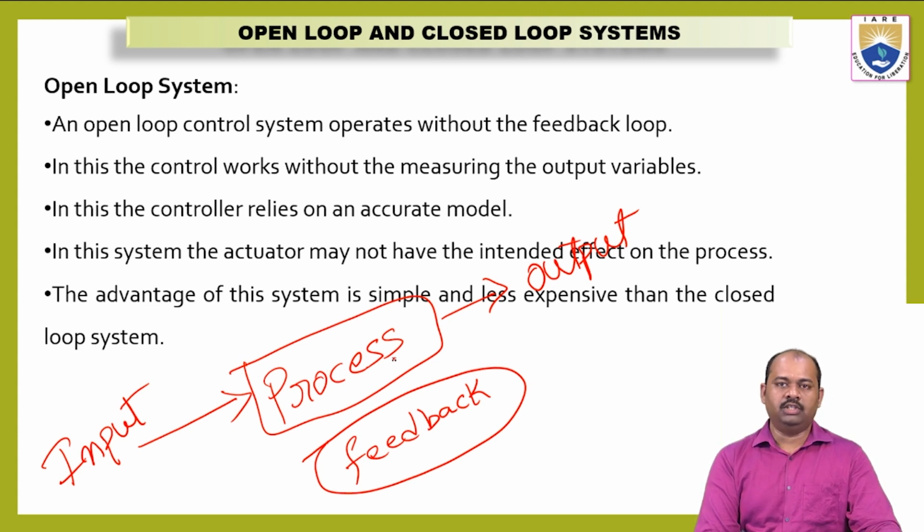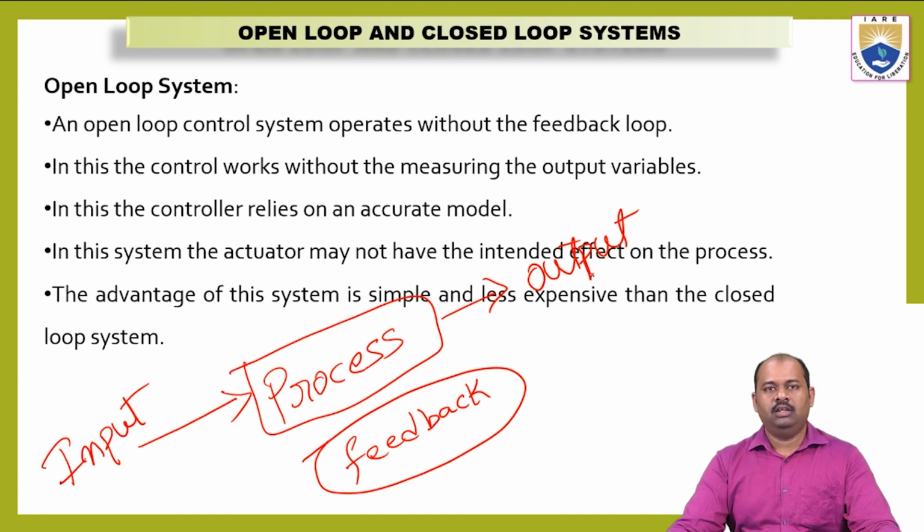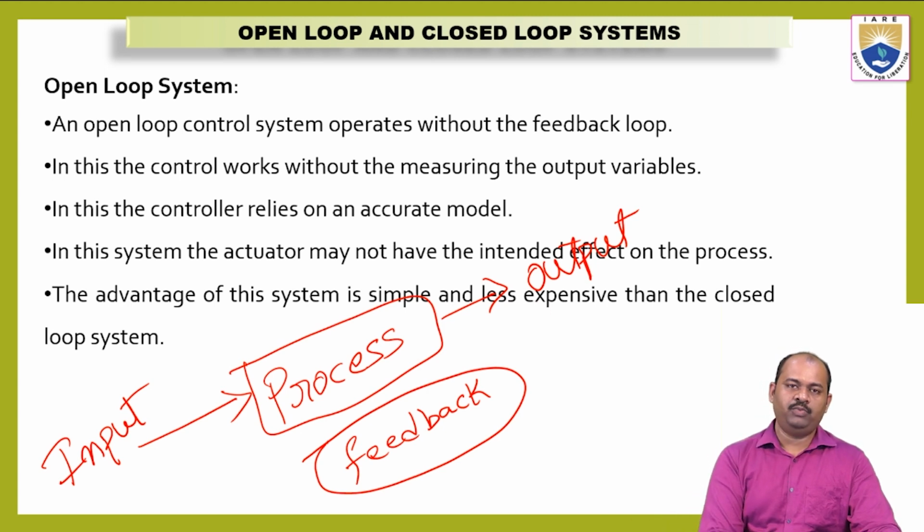Any process will have an input. After the process has been completed, we will get some output. For example, take a drilling process. In the drilling process, we give the workpiece and with the help of a drilling machine, we make a hole in the workpiece.